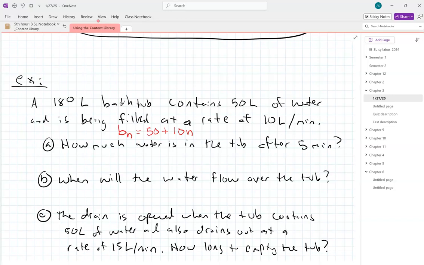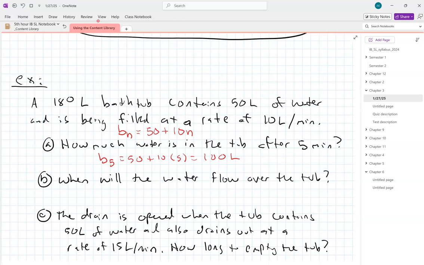Where n is the number of minutes. So I have 100 liters then in the bathtub after 5 minutes. Everybody feel okay there?